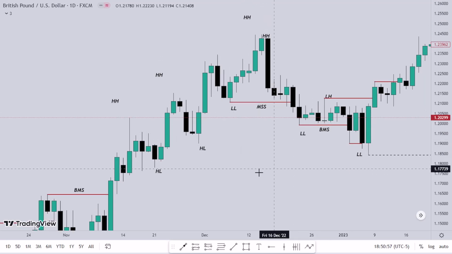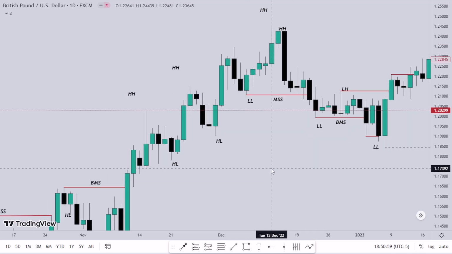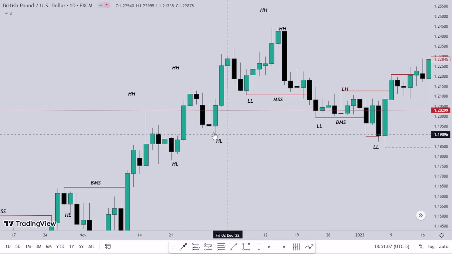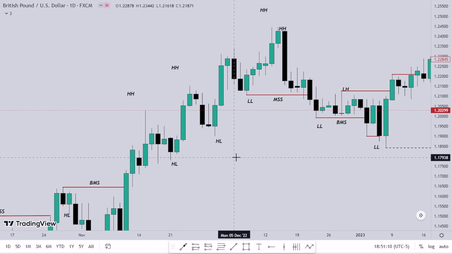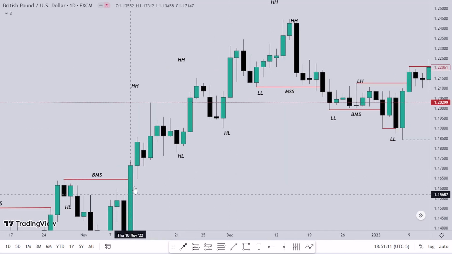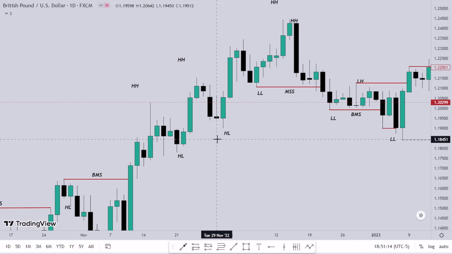So you always want to be on the correct side of the market. If the market is constantly making higher highs and higher lows, you want to be buying. And you can see that in a bullish trend, the upward moves are always impulsive. When I say impulsive, they are strong. They come with huge movement.